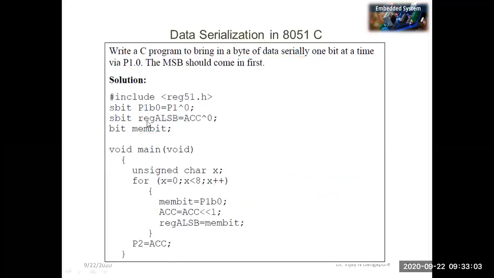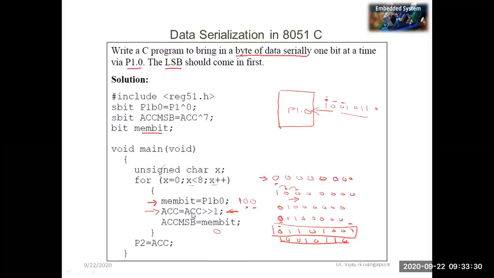Instead of that, REGA LSB we are declaring as bit number 0 of the accumulator, because right now the MSB is being inputted first. So bit number 0 of the accumulator we are representing by REGA LSB. And here we are shifting the accumulator towards the left by one position instead of towards the right as in the previous program.